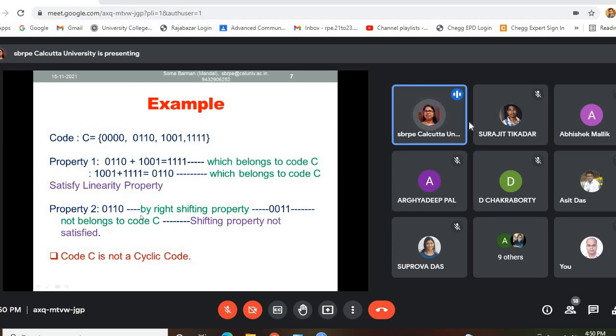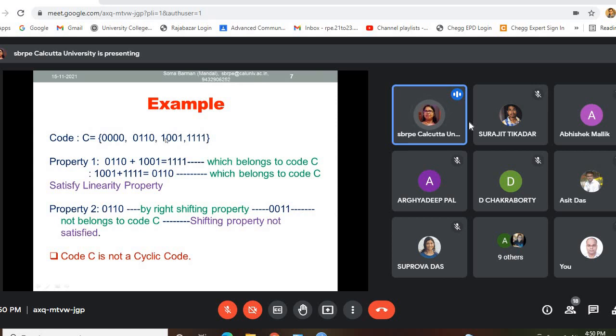Now let me check a code C, and in the code C the code words are 0000, 0110, 1001, and 1111.